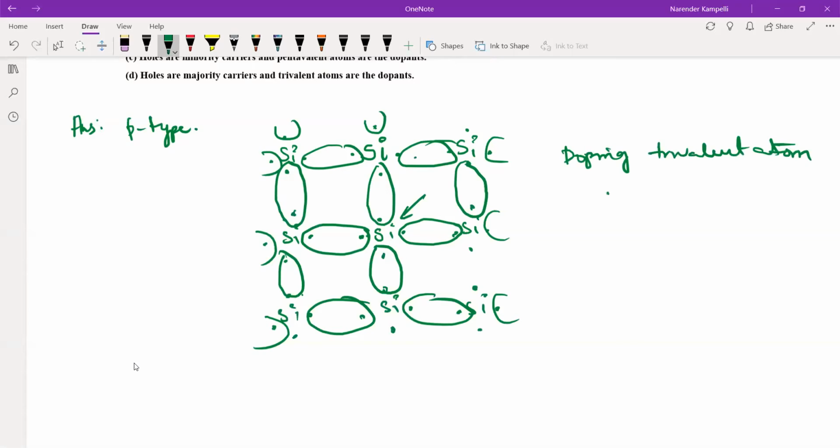Impurity means another atom, of a third group element, like boron. Boron has 3 electrons in the outermost shell.